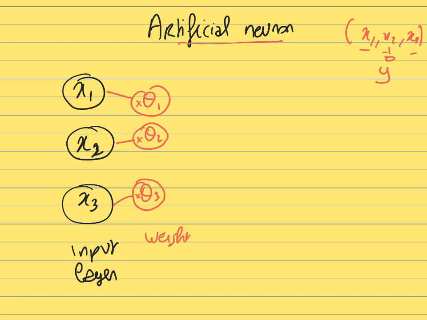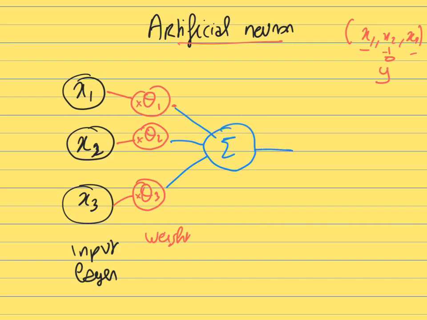You are just going to multiply the value of the previous neurons by this weight. Then what you are going to do is to take all of those weighted inputs and sum them all. So you're going to take each value from the input layer, multiply it by the right weight, and then take the sum of all those weighted inputs.